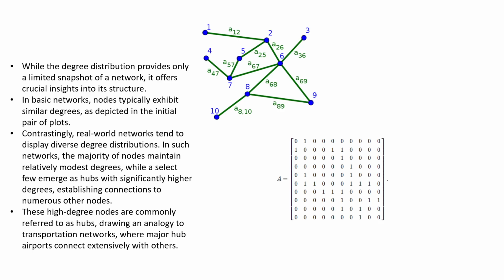How does the structure of the network look? Not exactly quantitatively, but looking at a distribution, you can get an idea about how the network looks. And in basic networks, the nodes typically exhibit similar degrees, as depicted in the previous plots.